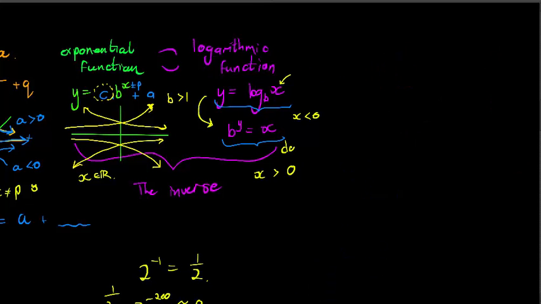Okay, so our logarithmic function, it helps to understand that the logarithmic function is the inverse of the exponential function, because as you can see, if I change the x and the y values, then it's an exponential function again.